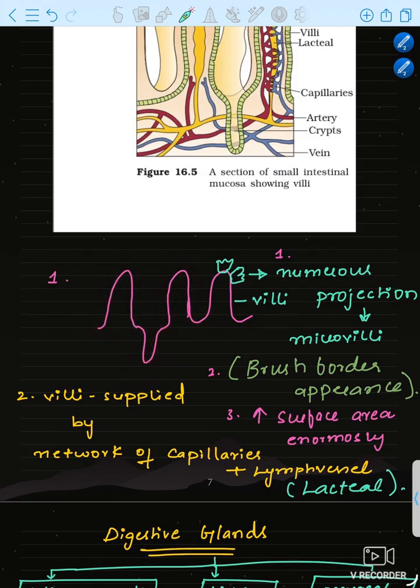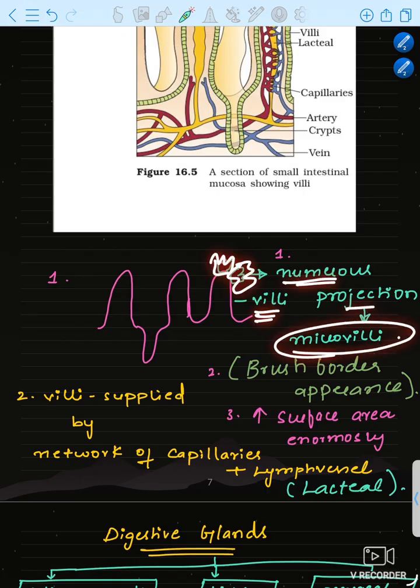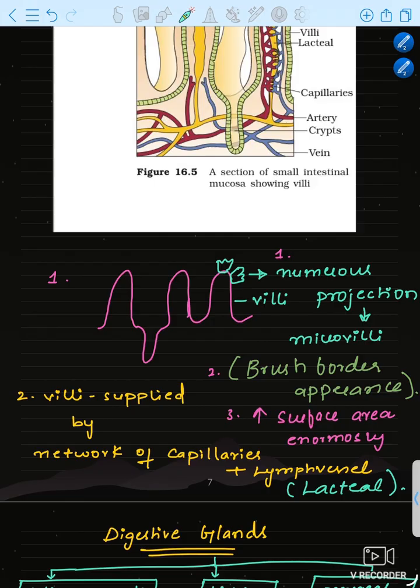So one more modification is there. On villi, numerous projections are there. See, brush border appearance, numerous projections. That is called microvilli. Normally it increases more surface area. For absorption it is taking so many modifications.